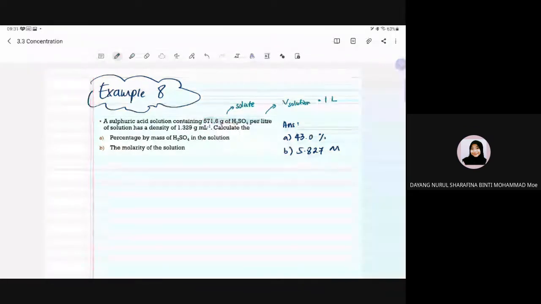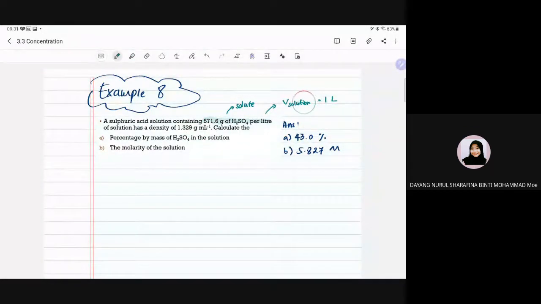Calculate percentage by mass. Di sini dia bagi tahu volume, dia bagi tahu mass of solid, dia bagi tahu density. Kita kena cari percentage by mass. Mass of solution tiada. Jadi kita ada volume of solution, kita ada density of solution. Okay? Kita nak ada mass of solution. Kita boleh dapat mass of solution menggunakan density yang ini.